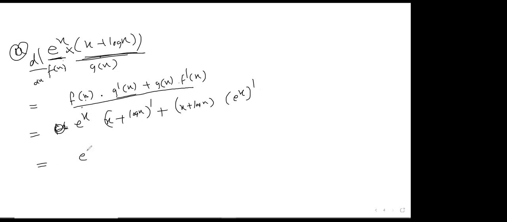Now if you simplify this, you'll get the answer. Differentiation of x is 1 plus differentiation of log x is 1 upon x, plus x plus log x into differentiation of e raised to the power x, which is e raised to the power x. All right, just multiply this, simplify, you will have the answer.